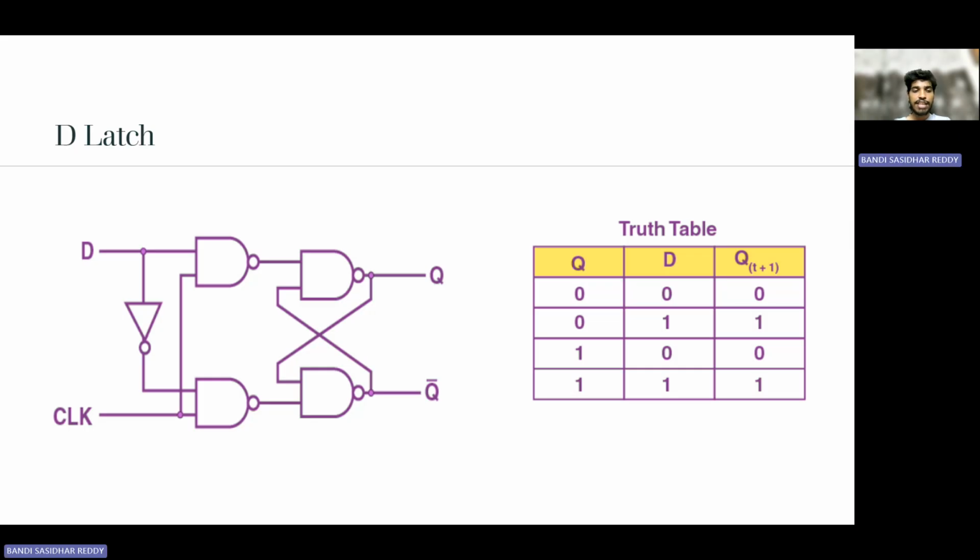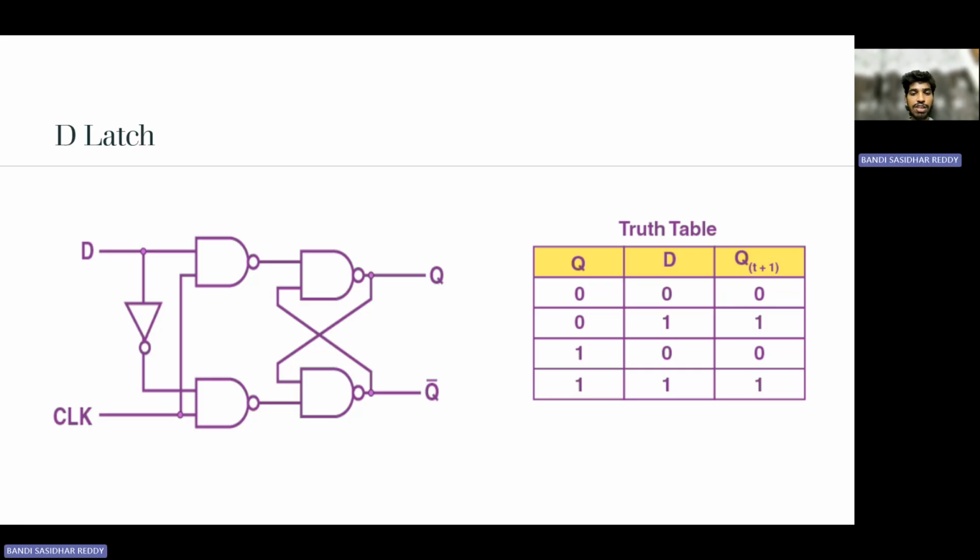Now the D latch. Here also the clock is the same, and it is similar to the SR flip-flop, except there is a change: S and R are replaced by D and D bar, where D means data. When D is 0 and Q is 0, the next state is also 0, which means it is unchanged.